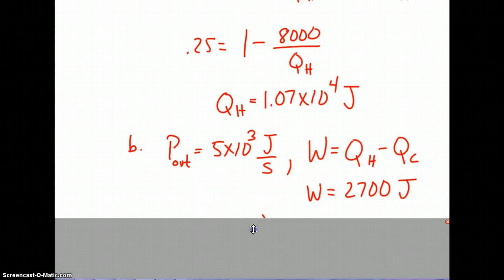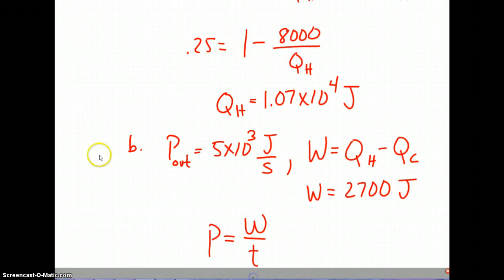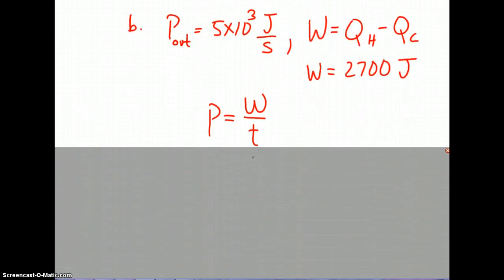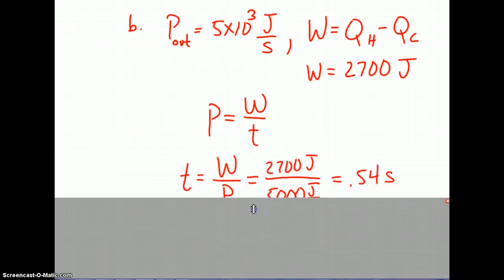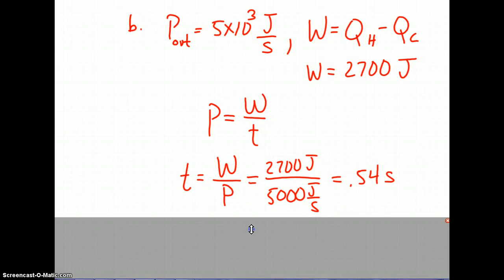Now we can simply use power equals work divided by time. Go ahead and substitute. 5,000 is your power, 2,700 is your work. 2,700 divided by 5,000 gives you the time, 0.54 seconds.